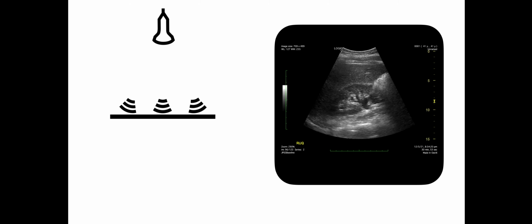When tissues are moving relatively slowly like this, we can see them move. But when they pass a certain threshold, they can merge, and it can be very, very difficult to see fast moving structures with 2D B mode imaging.